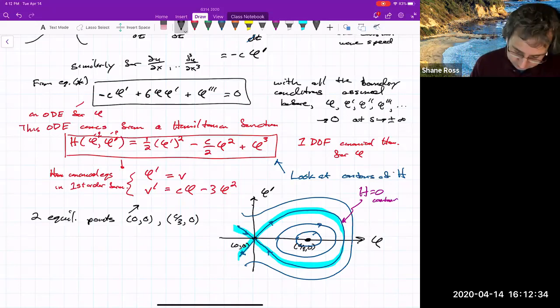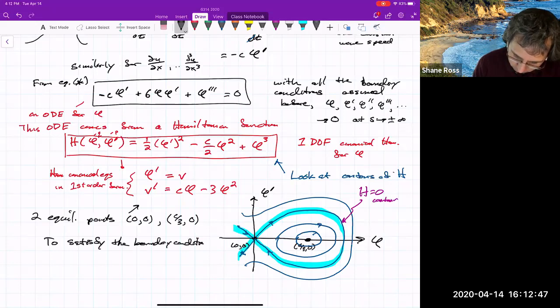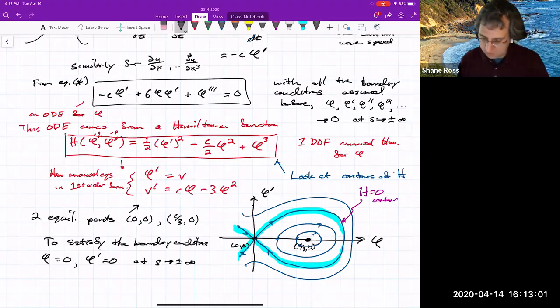You might say, why? It's the only one that matters because to satisfy the boundary conditions, let's just think of phi equals 0 and phi prime equals 0 at s going to plus or minus infinity. The only thing that happens for is either the origin itself, which is just total equilibrium.